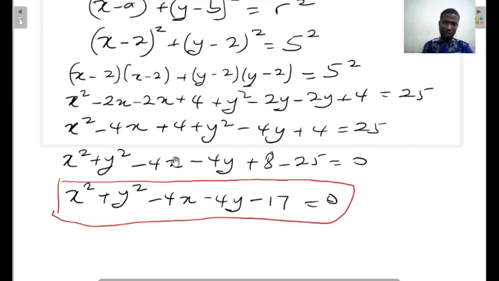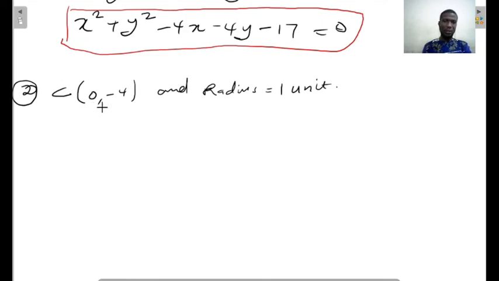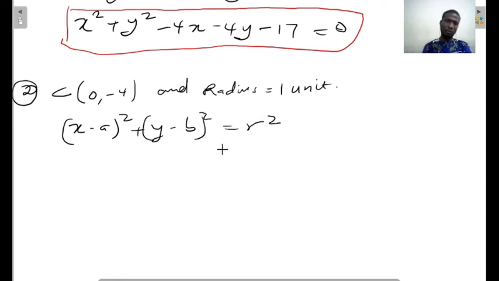We take the second example. We have to find the equation of a circle with center coordinate (0, -4) and radius 1 unit. So as usual, we are going to fit it into (x - a) squared plus (y - b) all squared equals r squared.